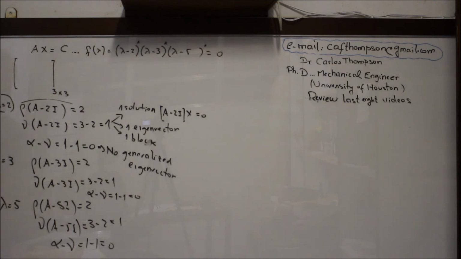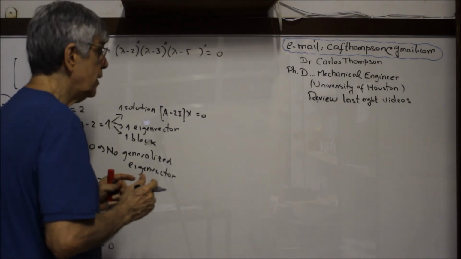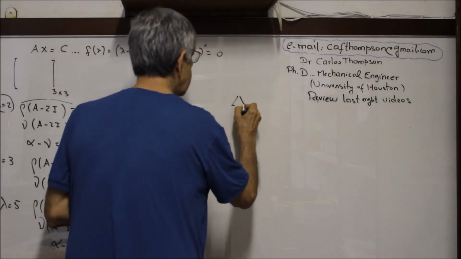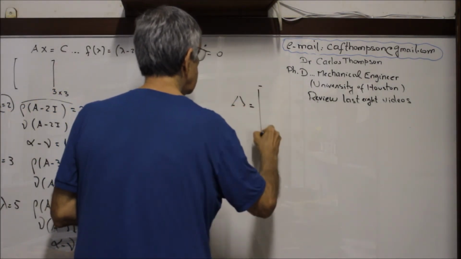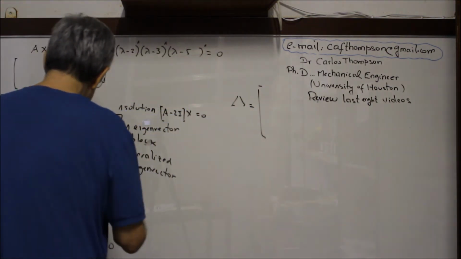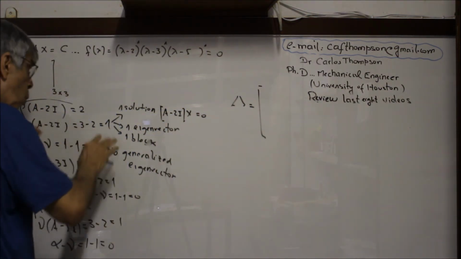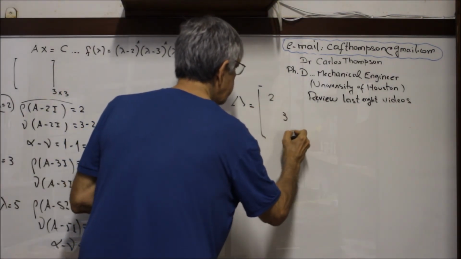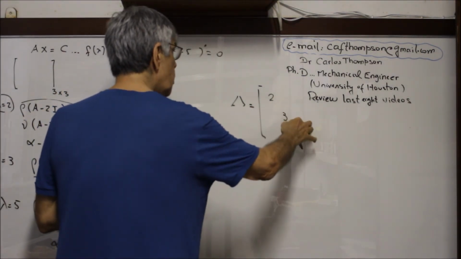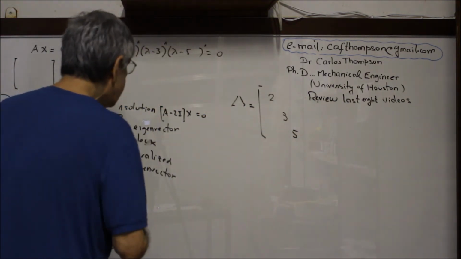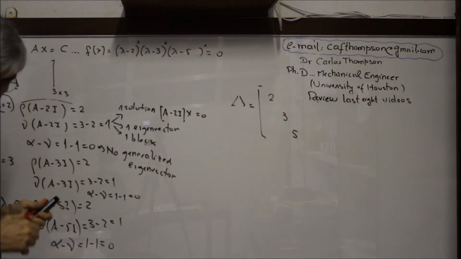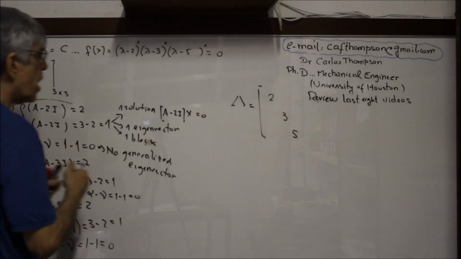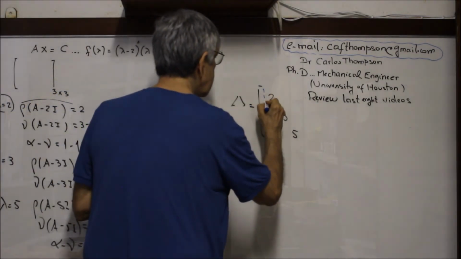Now, from here, I'm going to write not J, but capital lambda. This is equal to, now, you see, there is no 1. So 2, 3, and 5. There is no 1 here, no 1 here, no 1 here. Let's see, for lambda is equal to 2, how many blocks do I have? I have one block, just one. Okay, is here.